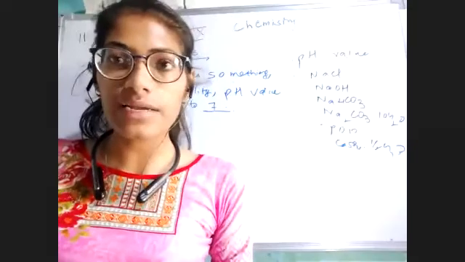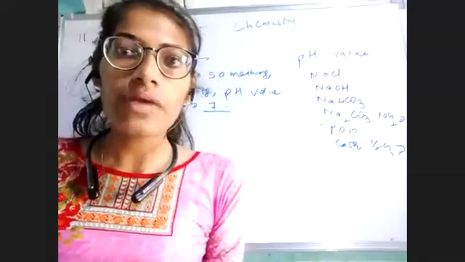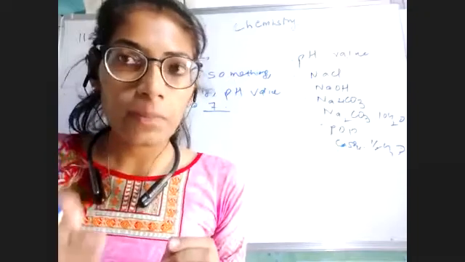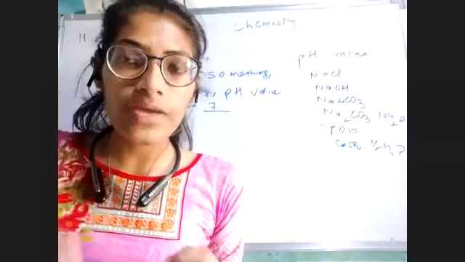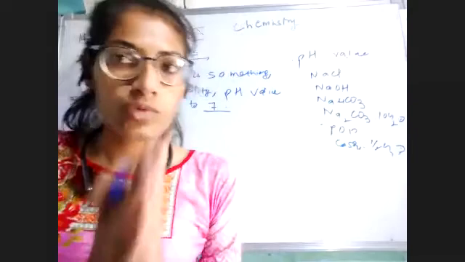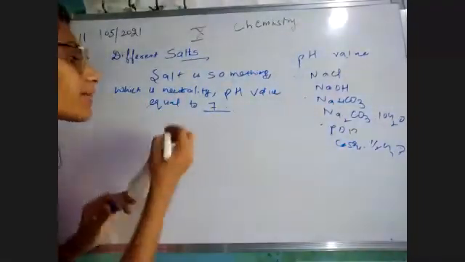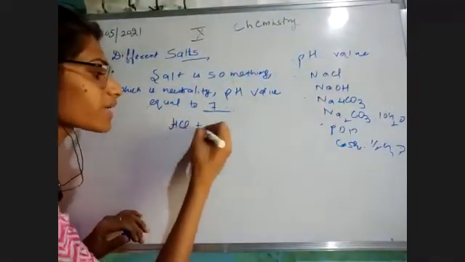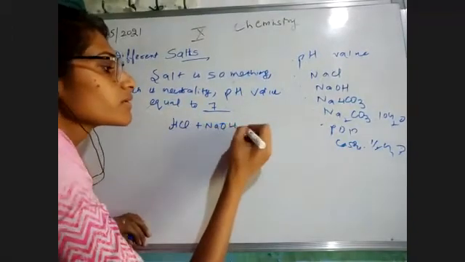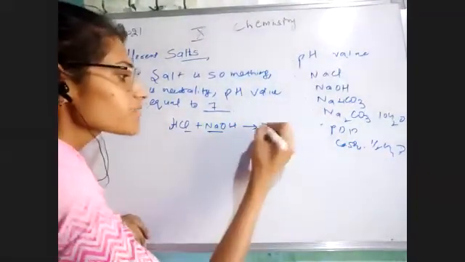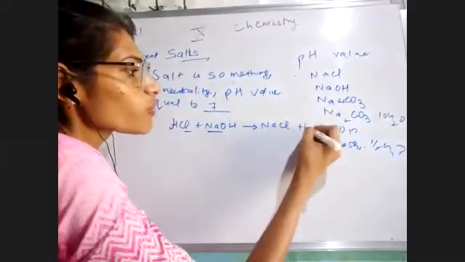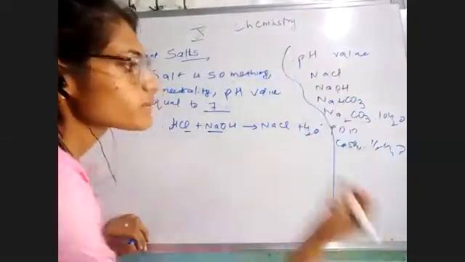No, definitely not. See class, we know very well that a salt is prepared only when we react an acid as well as a base. Suppose I'm talking about HCl and NaOH. What would happen? NaCl would be formed as the salt and the water would be separated out.